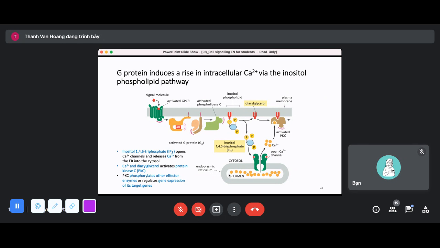I think it is because of the activation of a calcium channel which transfers the calcium from the outside into the inside of the ER lumen.